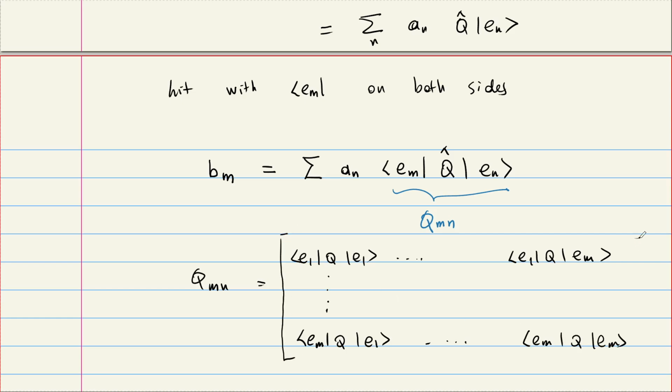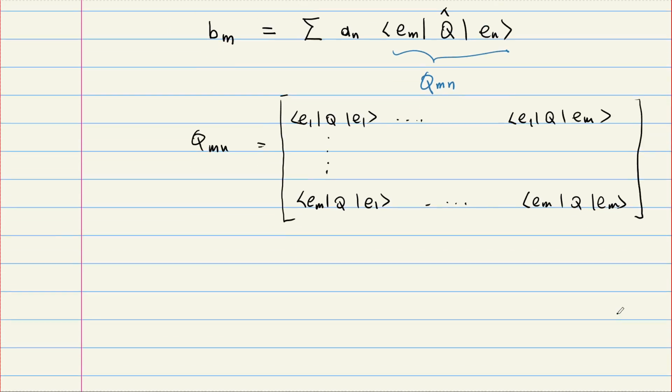Because it has two indices, I wrote it in the matrix form. And we can see this last expression is in the form of a Q matrix, let me write it like this, times a column a_1, a_2, ..., a_m.